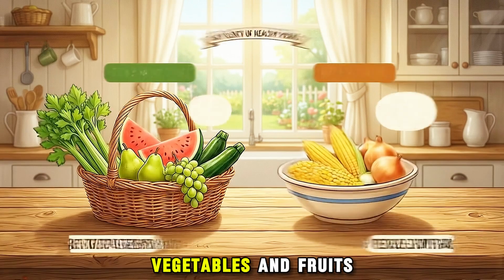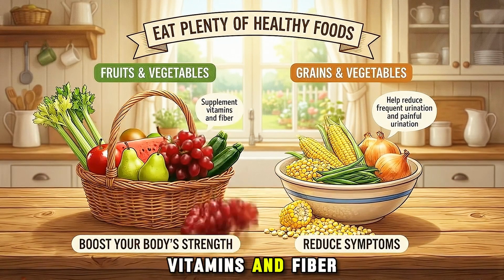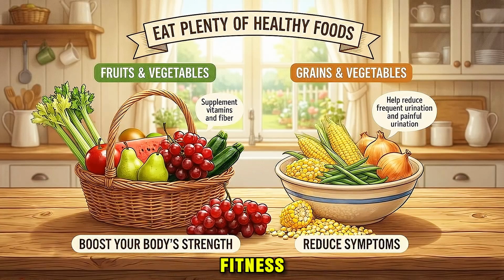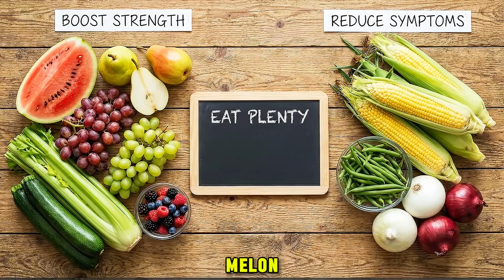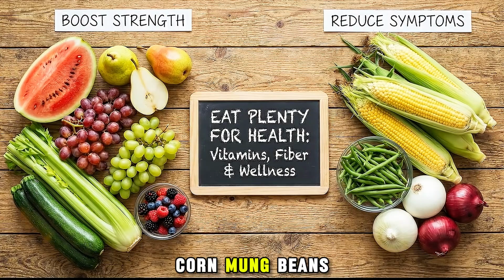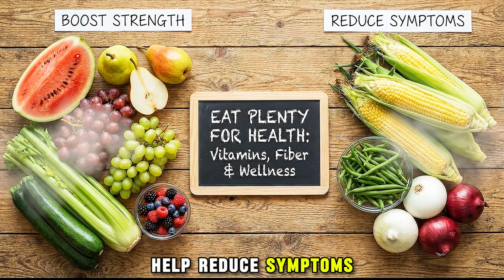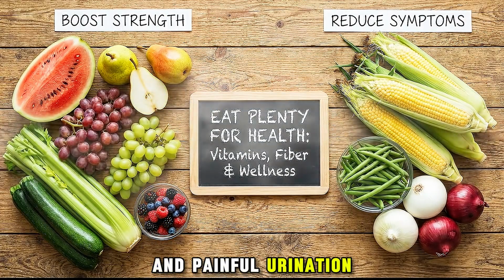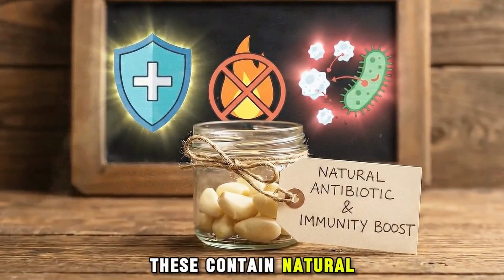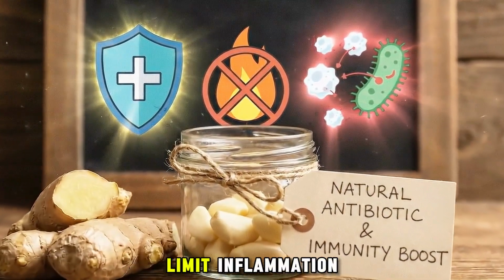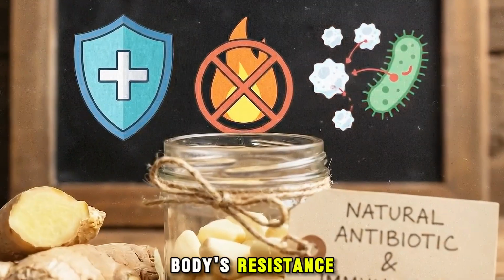Eat plenty of vegetables and fruits to supplement vitamins and fiber to strengthen physical fitness, such as celery, watermelon, pears, grapes, and winter melon. Whole grains like corn, mung beans, and onions can help reduce symptoms of frequent and painful urination. Ginger and garlic. These contain natural antibiotic compounds that limit inflammation and boost the body's resistance.